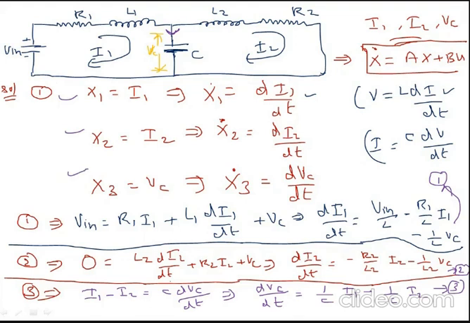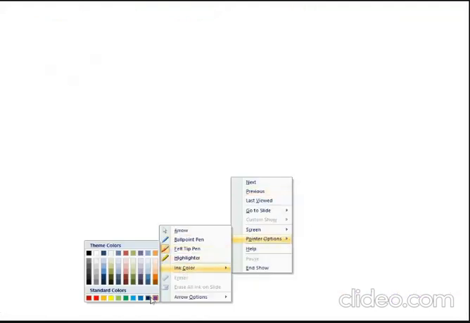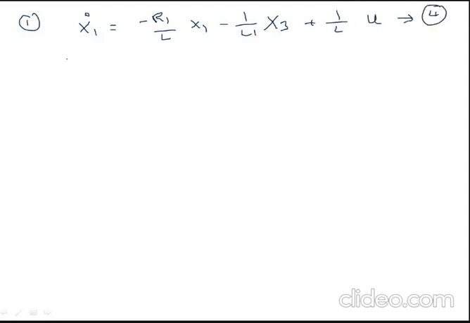If you represent these equations in terms of state variables, the first equation becomes x1 dot is equal to minus R1 by L1 into x1 minus 1 by L1 into x3 plus 1 by L into input u. This is equation 4.